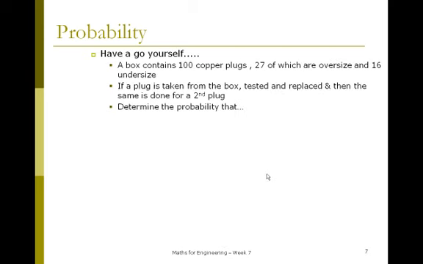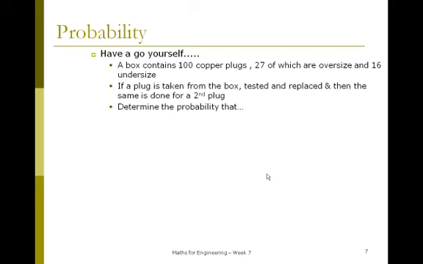Now, a further example for you to have a go at for yourself. A box contains 100 copper plugs, 27 of which are oversize and 16 of which are undersize. So 27 are too big and 16 are too small.